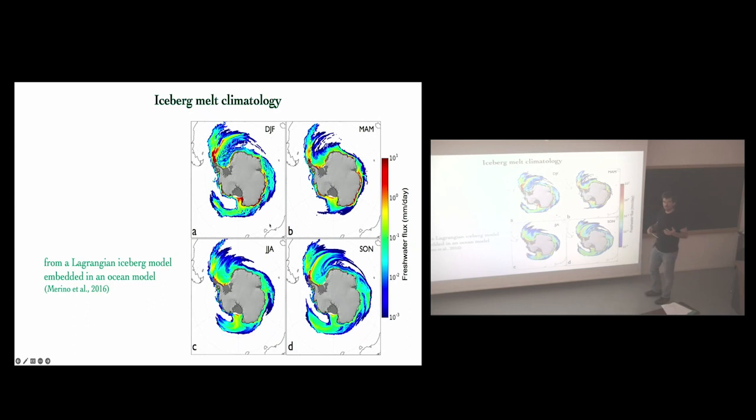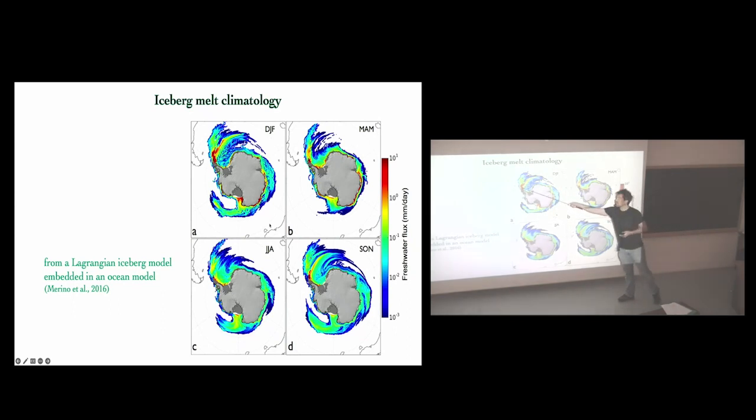So if you want to represent the freshwater in the Southern Ocean, it's important to account for this transport of freshwater by the icebergs. If you don't do that in a model, you need to make choices that are not necessarily very good, like spreading it in certain ways or putting everything at the coast, which won't be as accurate as this one. And it can be regionally important for the sea ice production.